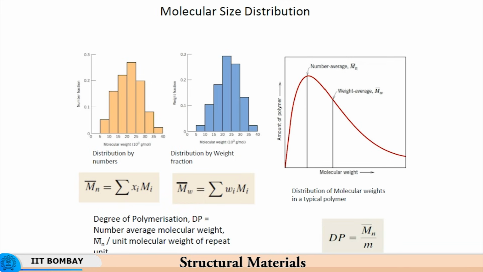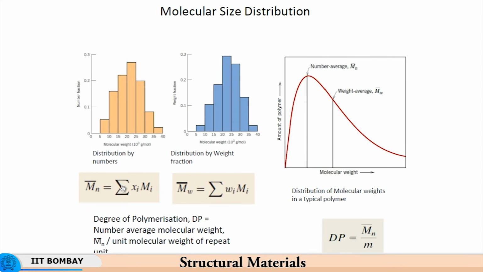So one particular granule could have a different distribution. So if you look at this, molecular weight is distributed. You have weight fraction versus molecular weight in gram per mole, and you see that between 5 to 10 the weight fraction is very small, and most of the weight fraction is between 20 to 25 into 10 to the power 3 gram per mole.